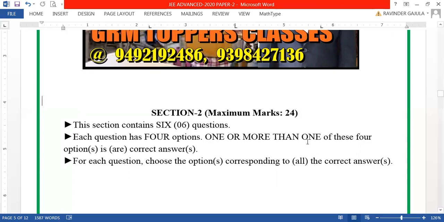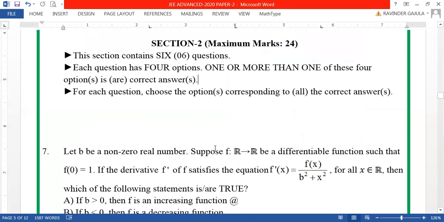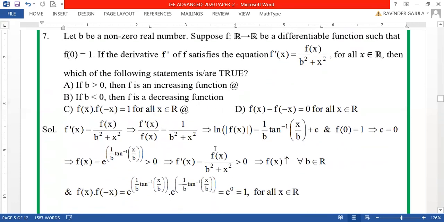Okay friends, straight away let us go to the next question, which is the 7th one of this paper. Given as, let small b be a non-zero real number.